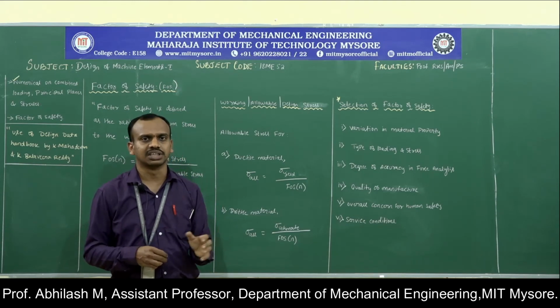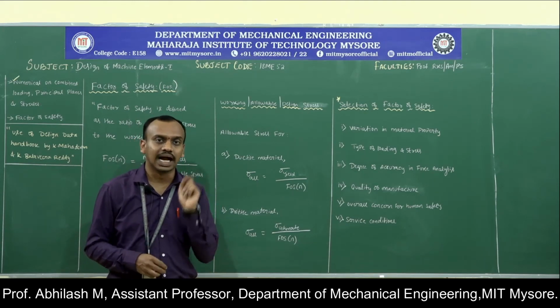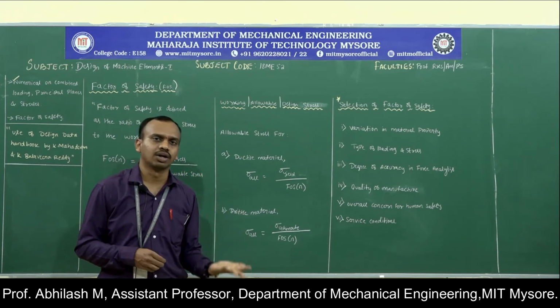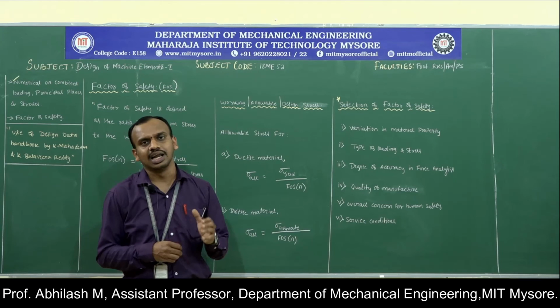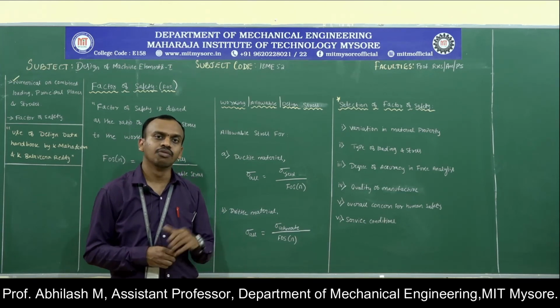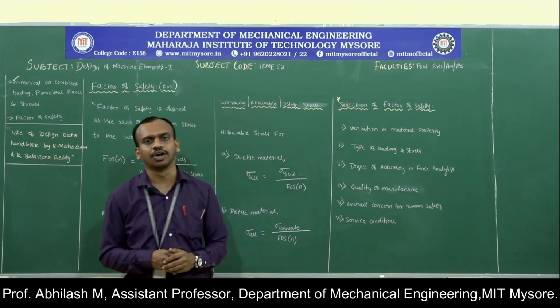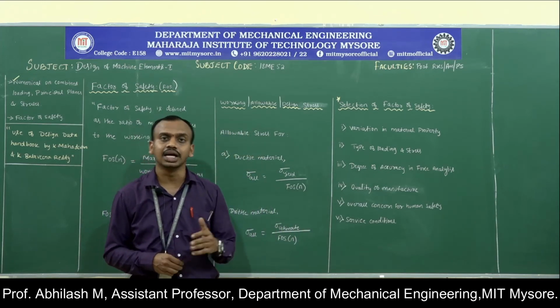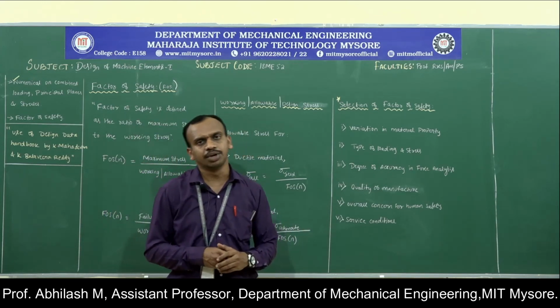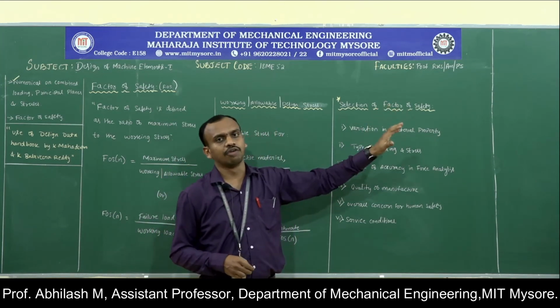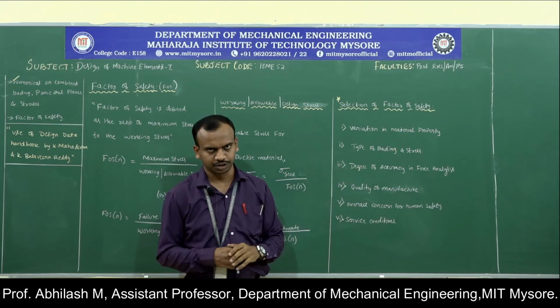In such circumstances, where only the static load is acting on the machine member, the value of factor of safety can be taken as a lesser number. Whereas on the contrary, if there is an impact load acting on the machine component, then the value of factor of safety should be higher in nature.